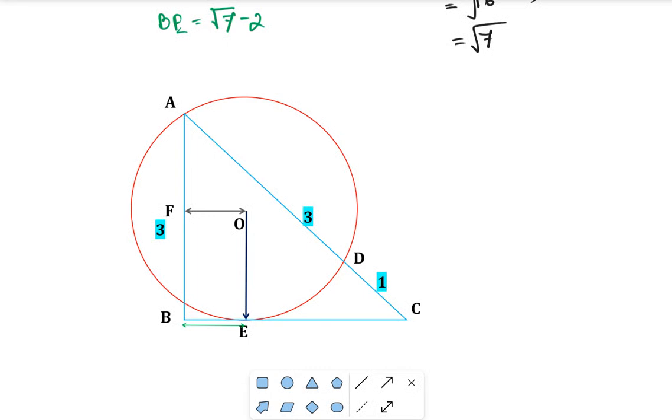In this step, we already found the value of BE is square root of 7 minus 2.